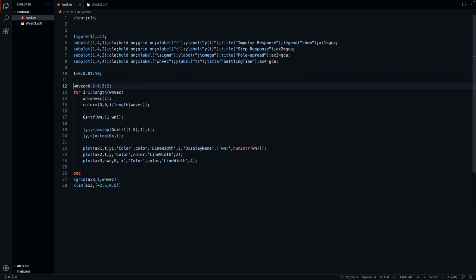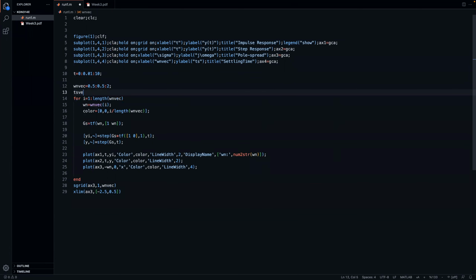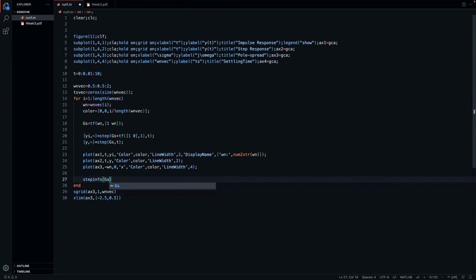We can create an empty vector out of the omega n vector here. And somewhere down here, we can get the step info of G(s) and then the settling time.